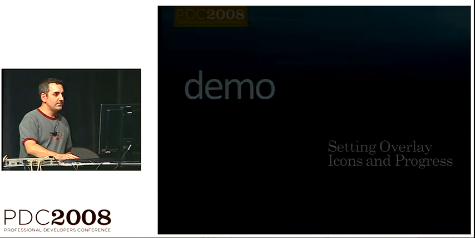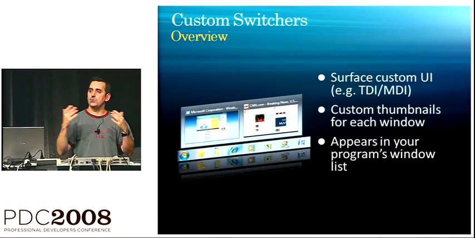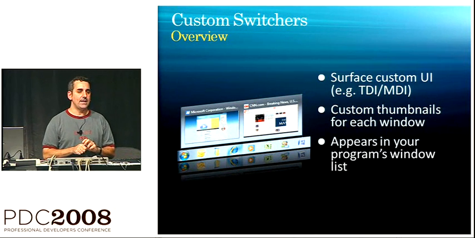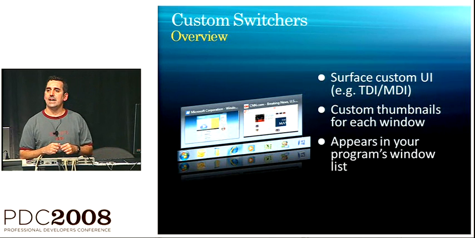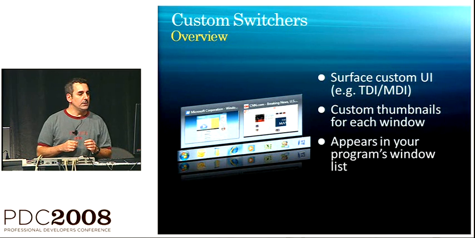Back to the slides. So custom switchers are the ability for you to expose any documents that your application may have as switch targets in the taskbar. This is really just useful for tab document interface apps like web browsers or multiple document interface apps.